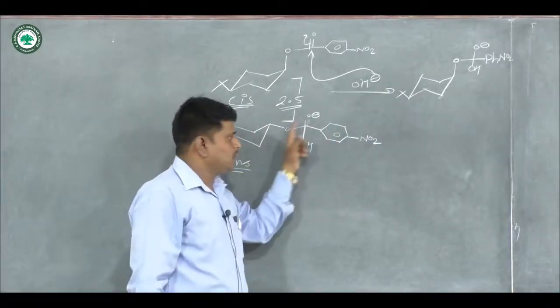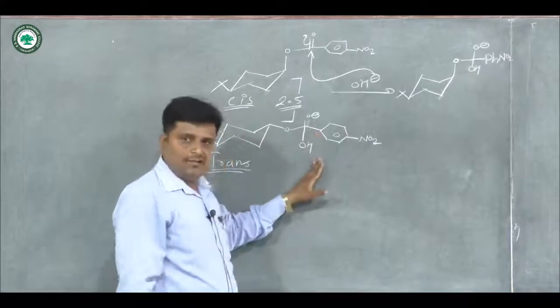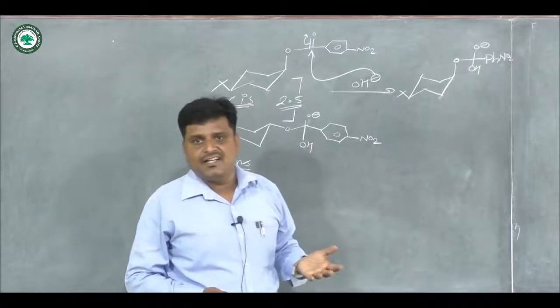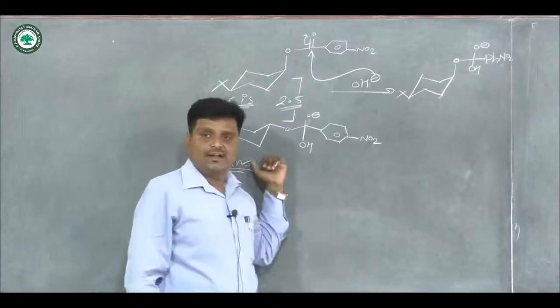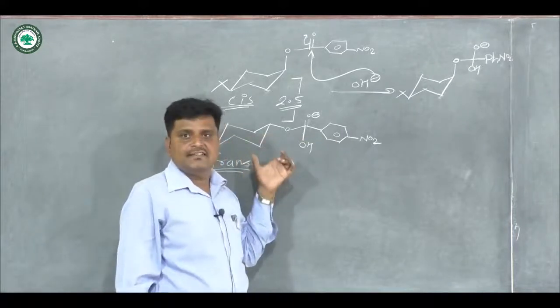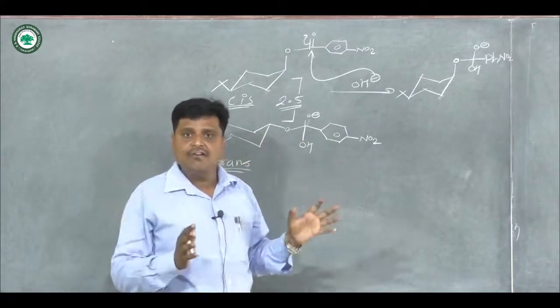Whether the bulk is at the equatorial or the axial position, there is no much difference in the stability of the ring, because the bulky group and the cyclohexyl ring are somewhat away from each other.